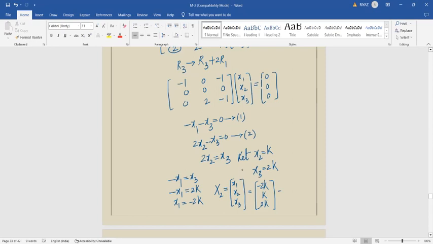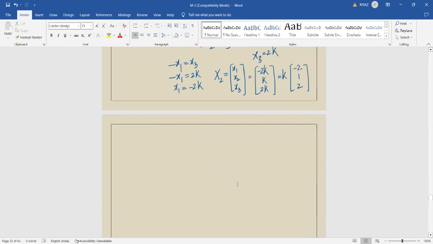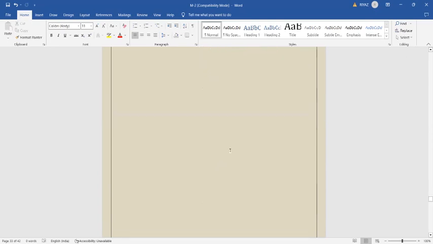Now if you take k common, we get minus 2, plus 1, plus 2, which is called the second corresponding eigenvector. Then we have one more left out, that is corresponding to lambda is equal to 3. We must get one more eigenvector. So for each lambda value, you will get one eigenvector.